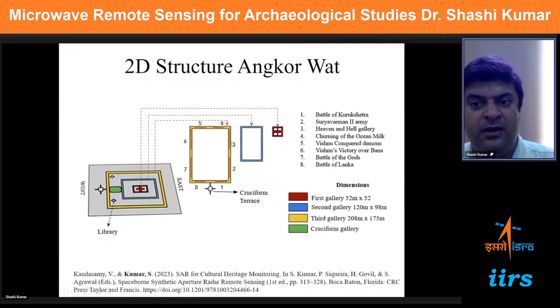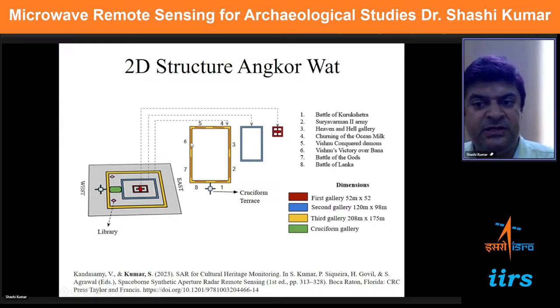And side number four represents the churning of the ocean of milk, also known as Amrit Manthan. In Hindi, Sagar Manthan and Amrit Manthan are very famous. Side number five shows the sculptures of Lord Vishnu conquering demons.